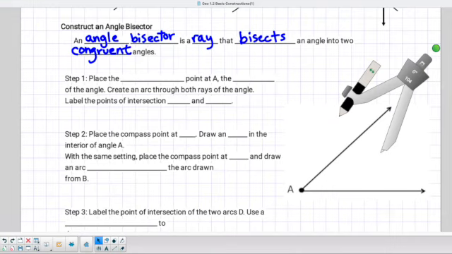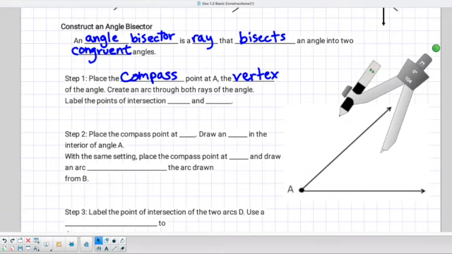Step 1, place the compass point at A, the vertex of the angle. Create an arc through both rays of the angle.